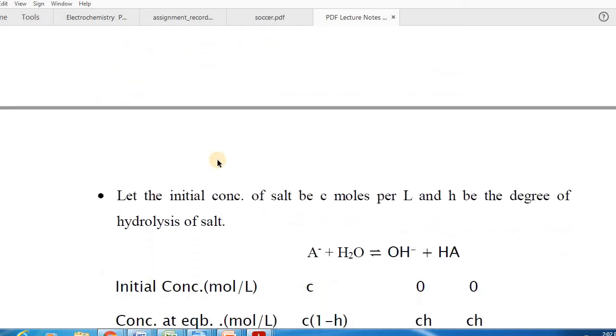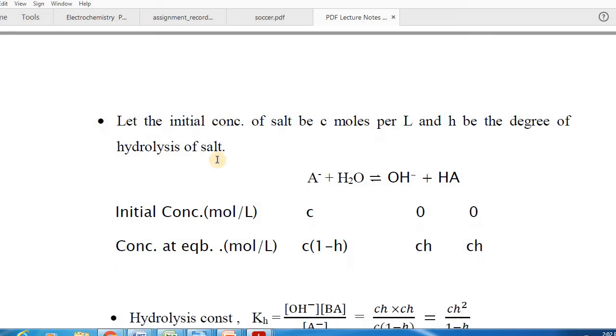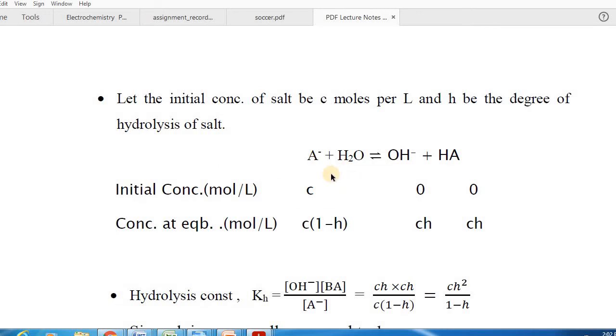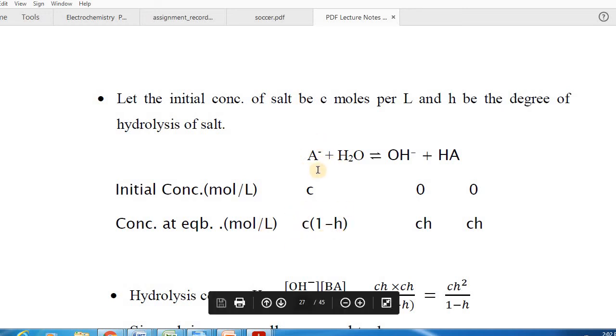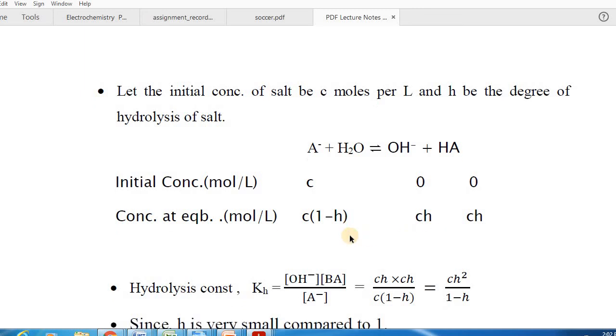Let the initial concentration of the salt be C moles per liter and h be the degree of hydrolysis. Initially, C mole per liter is the concentration of this salt, and the initial concentrations of this base and acid are 0, 0. At equilibrium, with h as the degree of hydrolysis, we can write C into 1 minus h, or C minus Ch, as the remaining moles per liter of A minus, whereas Ch moles of OH negative and Ch moles of HA have been produced at equilibrium.